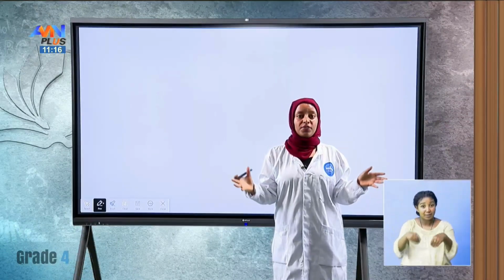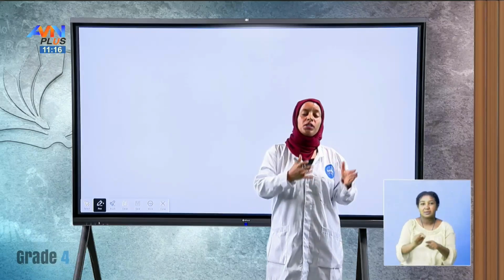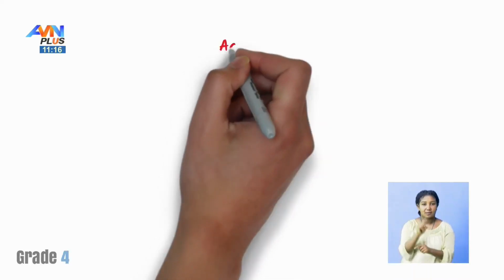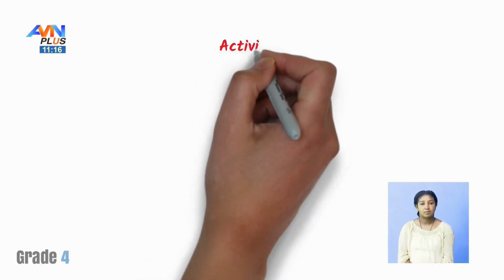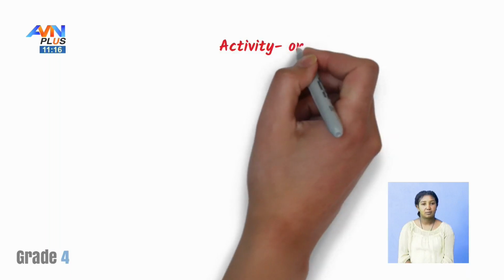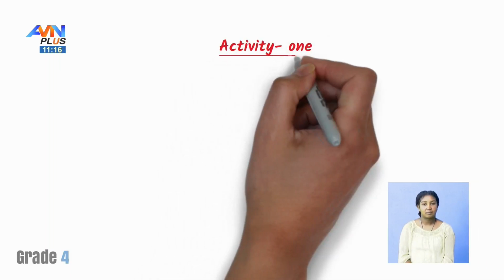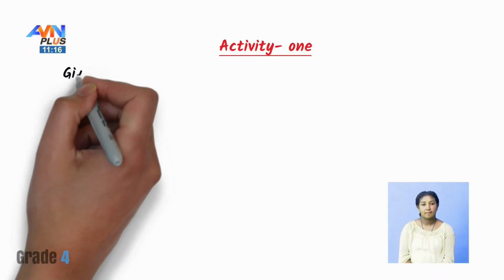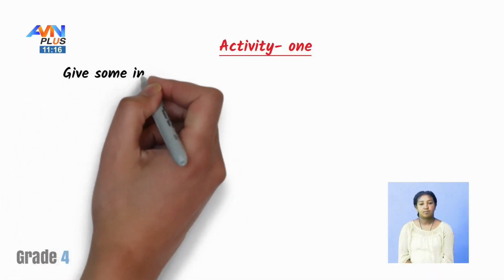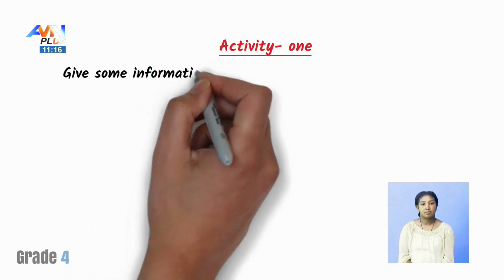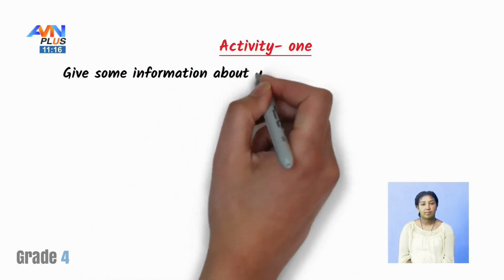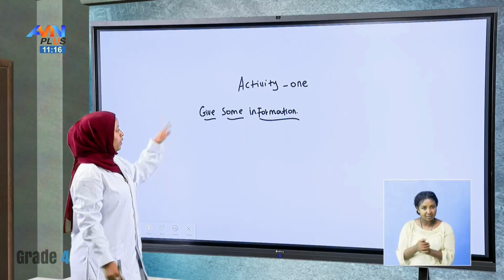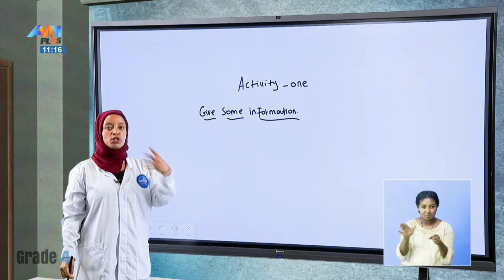Let me give you some activity and let us practice the difference between personal information and famous people information. Okay, activity 1. Give some information. Okay, students, when I give you these questions, fill the blanks with your personal information.